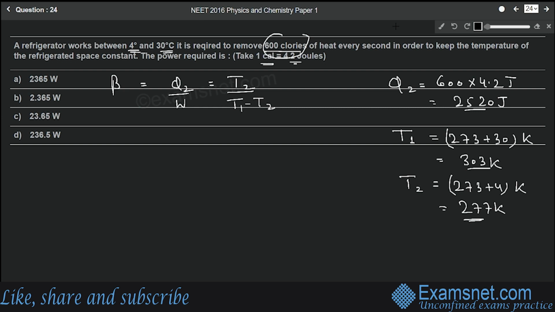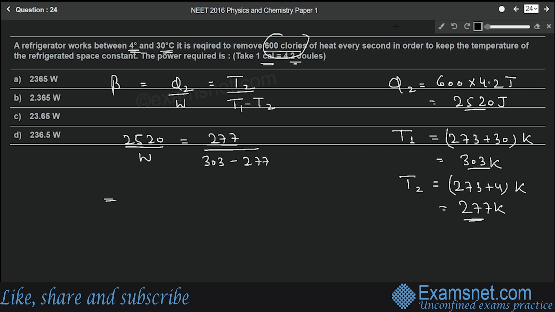Q2 by W. Q2 is 2520 joules. W, the work done, is unknown, which we'll calculate right now. T2 is 277 Kelvin and T1 is 303, so 303 minus 277.